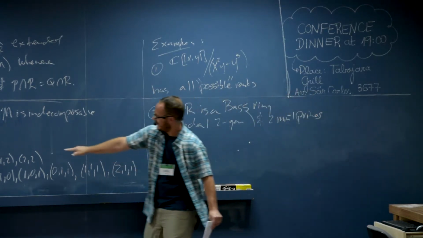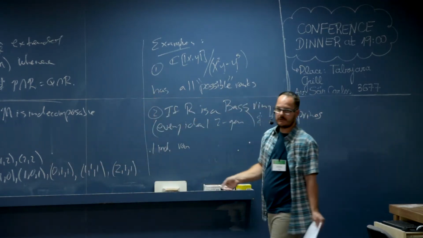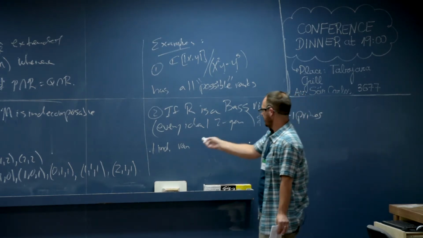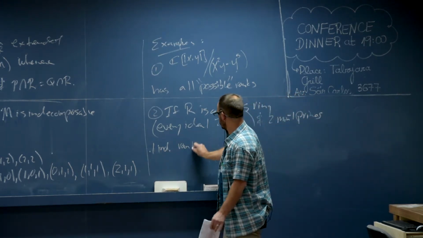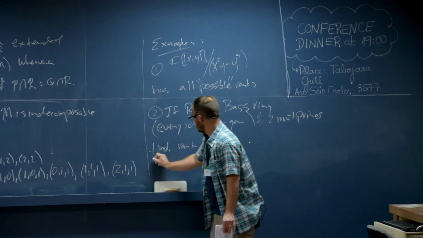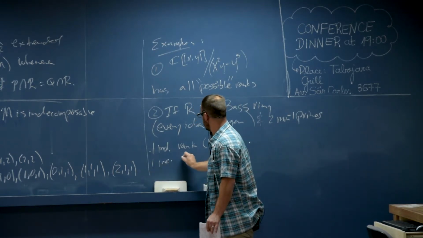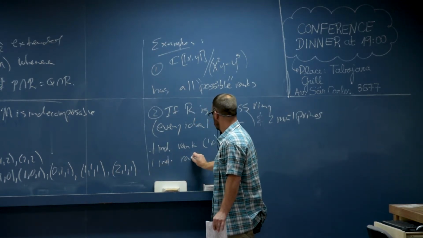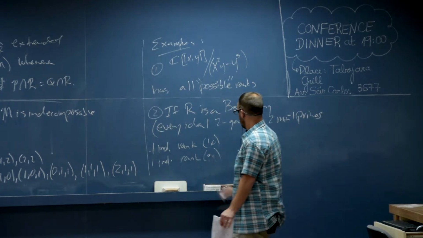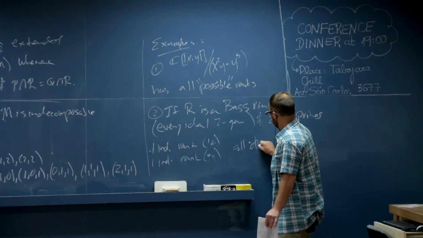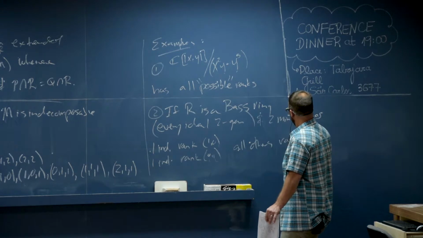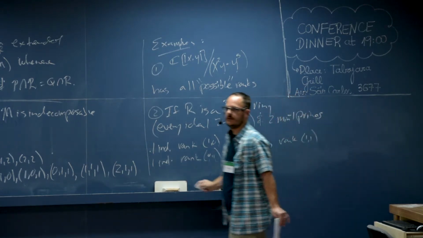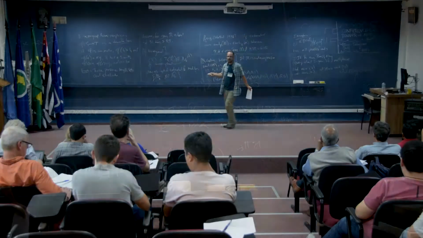So that we're looking at this list here, then not all possible ranks occur. So there's 1 indecomposable of rank 1, 0. There's 1 indecomposable of rank 0, 1, and all others have rank 1, 1. So the ranks that occur there aren't terribly interesting.